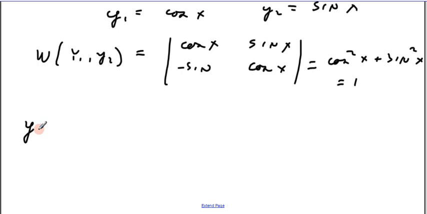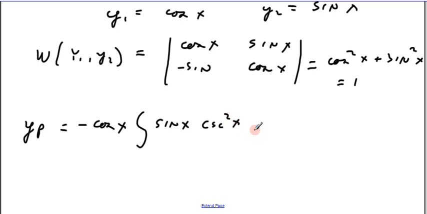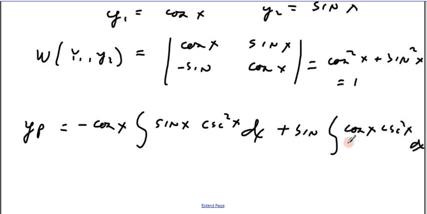Okay, so y sub p equals minus cosine x integral sine x cosecant squared x dx plus sine x integral cosine x cosecant squared x dx. These guys are over 1. I'm going to put that down.